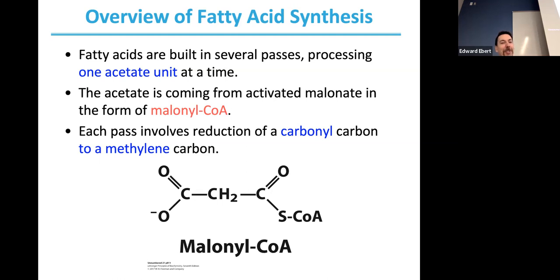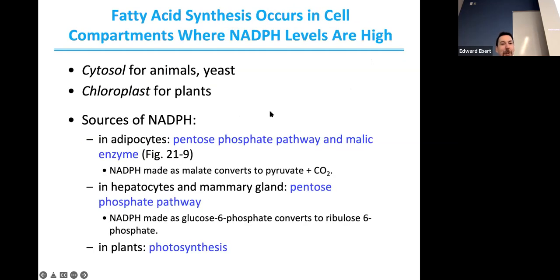We're actually going to use malonyl-CoA, which is our 3 carbon unit here. And we're going to take 2 of these carbons and pass them on. Actually, each pass involves a reduction of a carbonyl carbon to a methylene carbon. All right. So we're going to see how this works here, but we need malonyl-CoA instead of just acetyl-CoA.